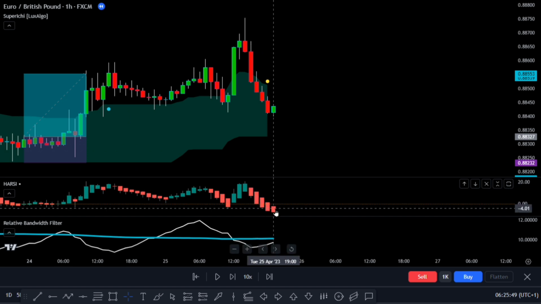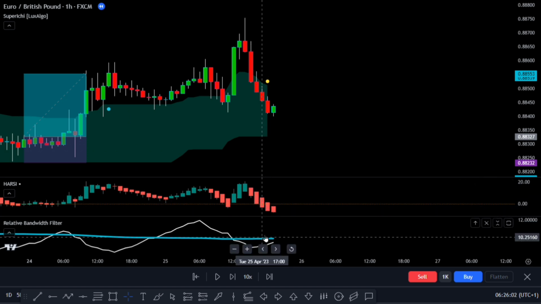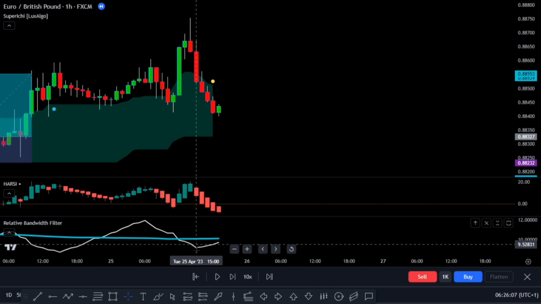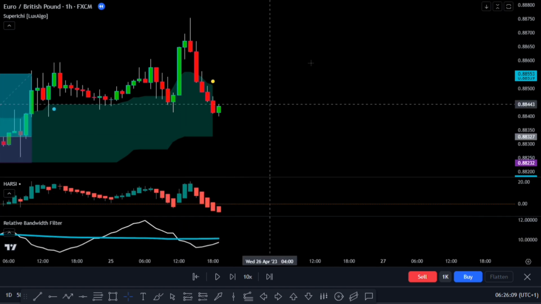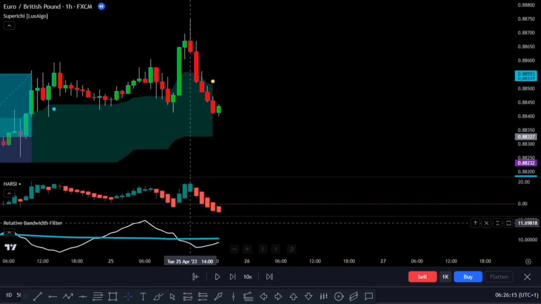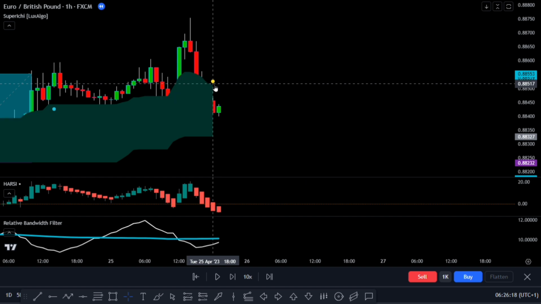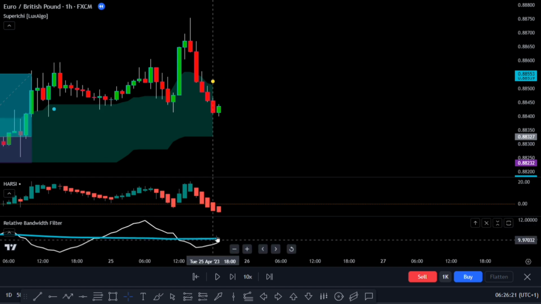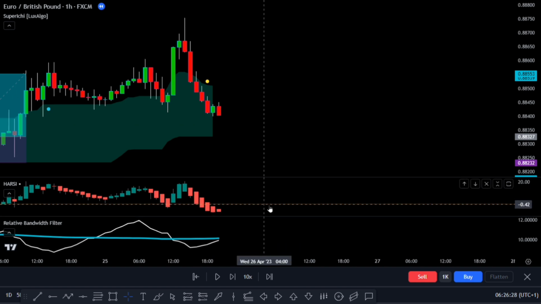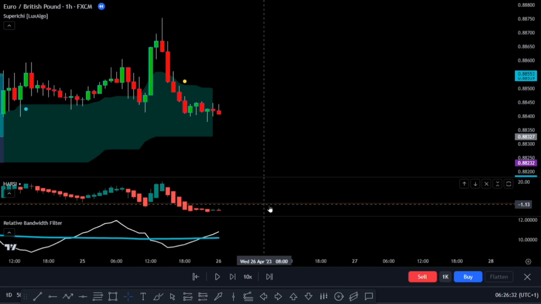Another important factor is the relative bandwidth, which should be below the blue middle line. This indicates that the current trend is strong enough, and the retracement is likely to bounce back up. Valid volatility readings are those that are confirmed at the point at which we got our retracement signal. Once these conditions are met, we wait for the next green candlestick from the RSI indicator, as this determines the right time to enter a long trade.